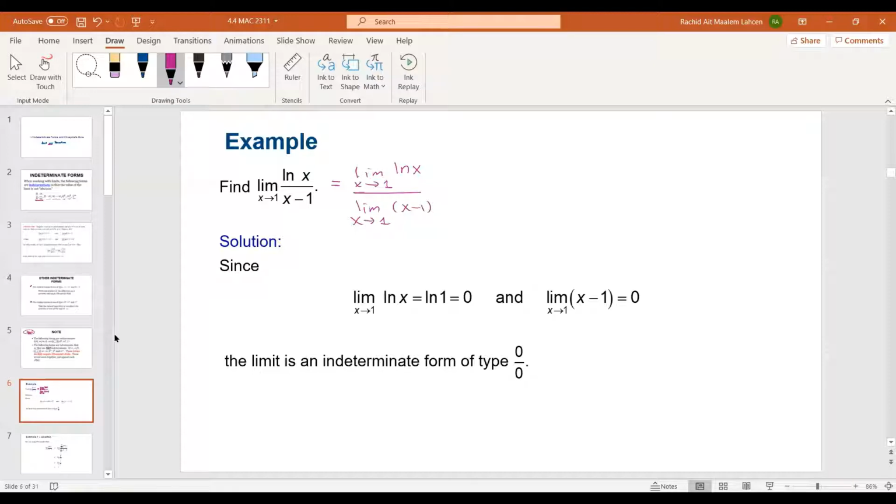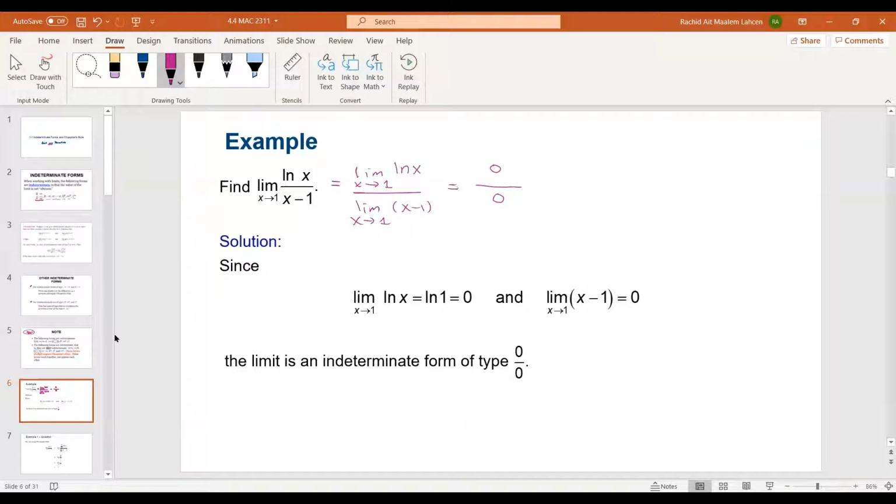When you substitute, the limit of the numerator is 0, and the denominator, by direct substitution, 1 minus 1, is also 0. That gives you 0 over 0, which is an indeterminate form.